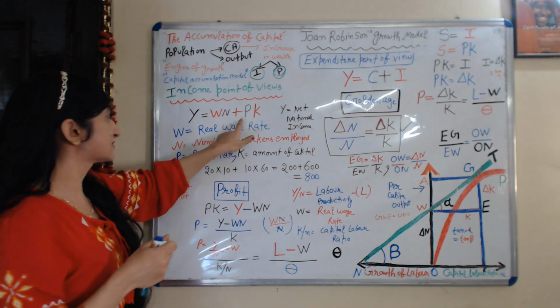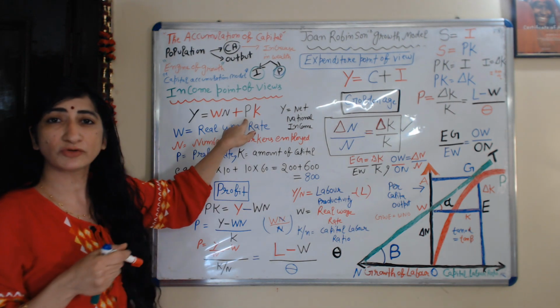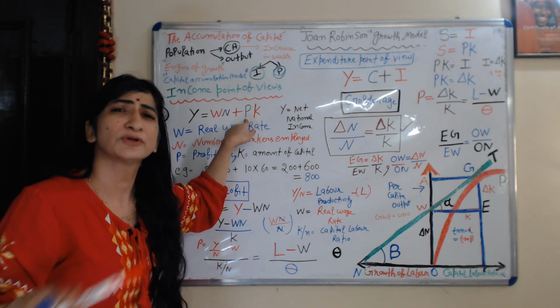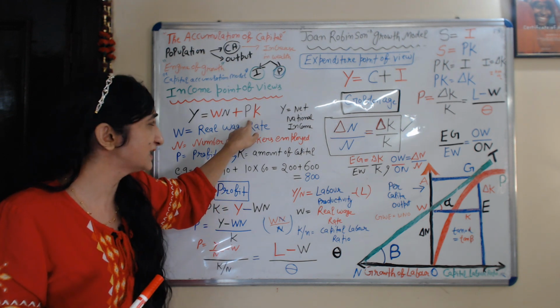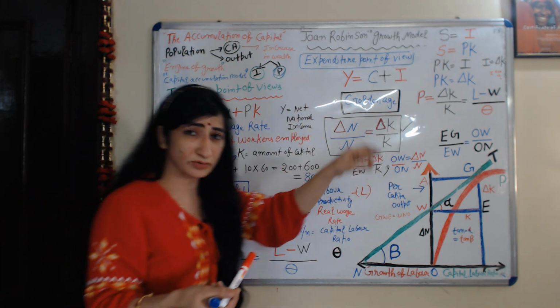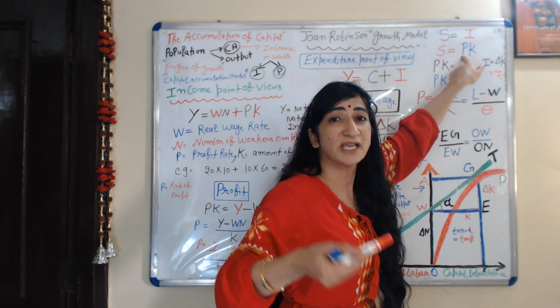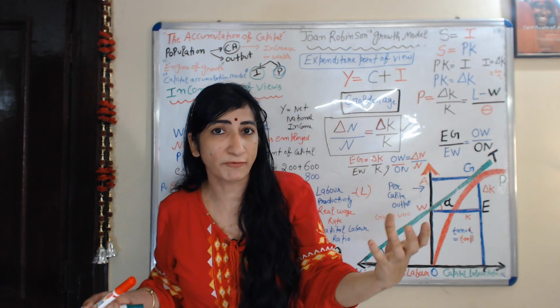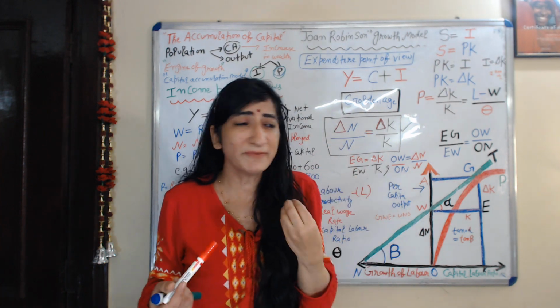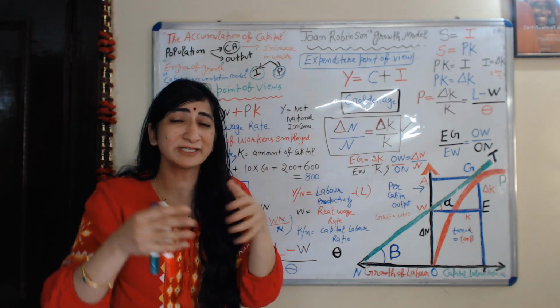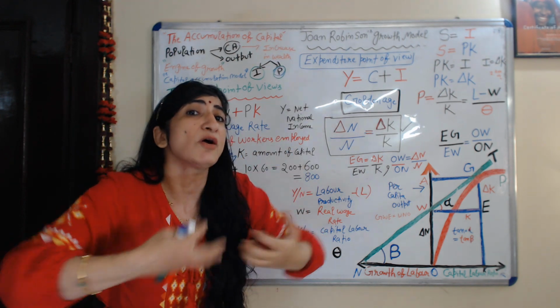As we earlier discussed, this PK is the amount of profit that is earned by the capitalist, entrepreneur, or businessman. According to this model, saving is equal to this PK. Obviously, this amount of profit ultimately becomes the saving of the capitalist.